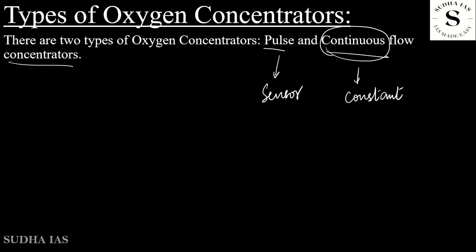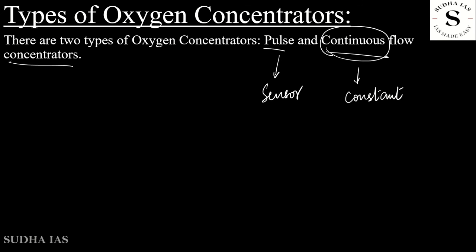These concentrators come in different capacities, that is 5 liters or 10-liter capacity, costing about 40 to 90,000 rupees. The right capacity for a patient in need is best recommended by a physician.